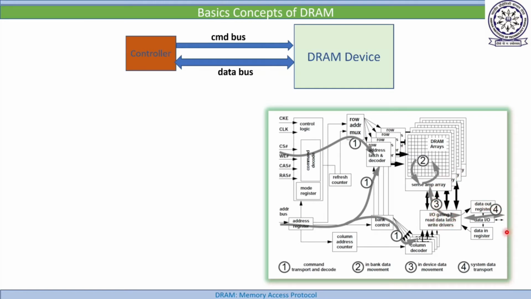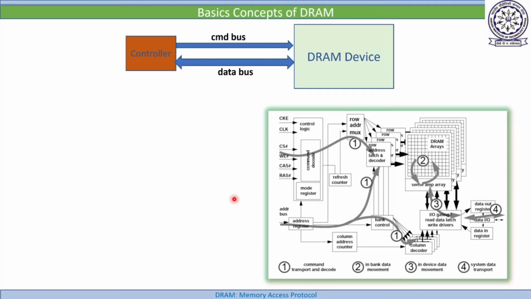And this is the data bus. So row decoder, column decoder, bank, input output device, data bus: all these things are here in this simplified DRAM device. One more thing you have to understand here is that in this first slide we will try to explain a generic command.